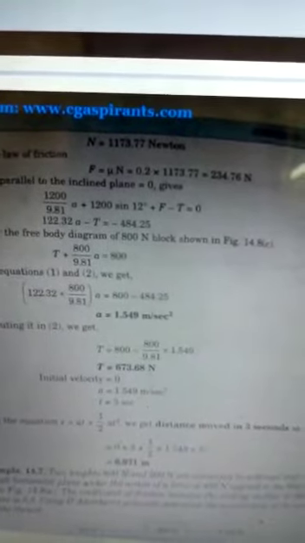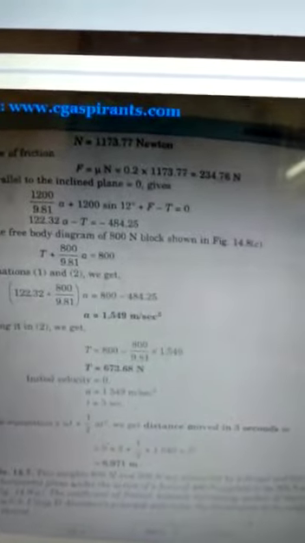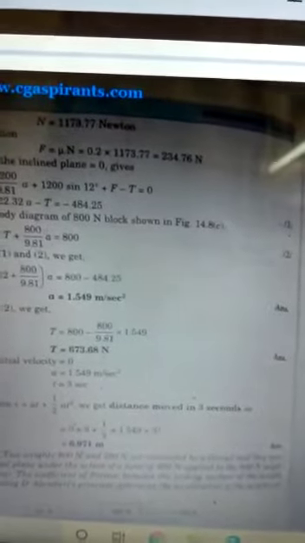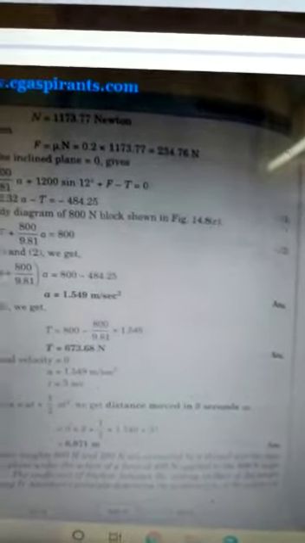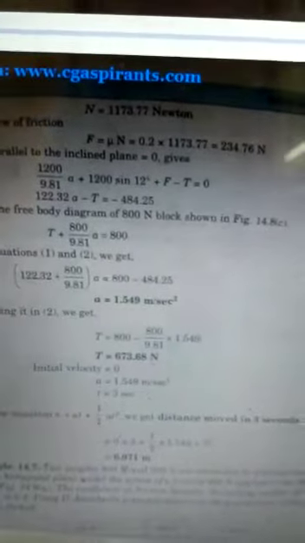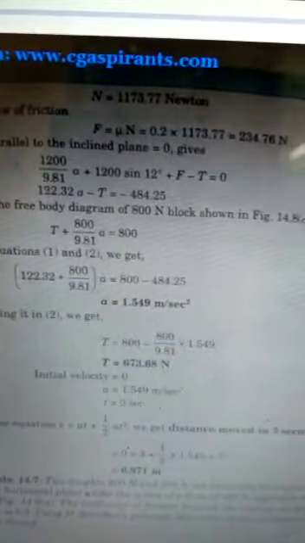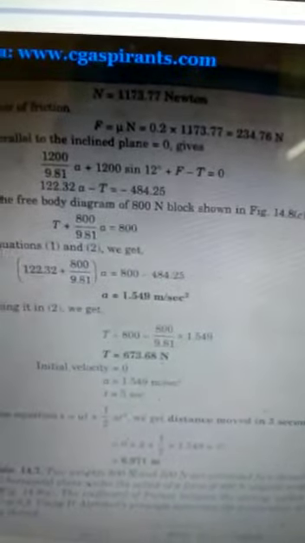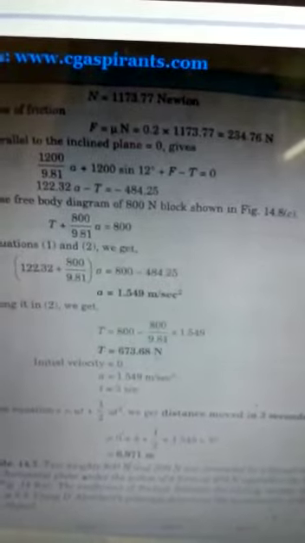The equation works out: 1200 upon 9.81 a, that is ma, the inertia force, plus 1200 sin 12, the component of the weight in the downward direction, plus F, the frictional force we just worked out, also acting downward, minus T, since tension acts the other way, is equal to 0. So this gives the equation 122.32 a minus T is equal to minus 484.25. This is the one equation you get from the 1200 Newton block.